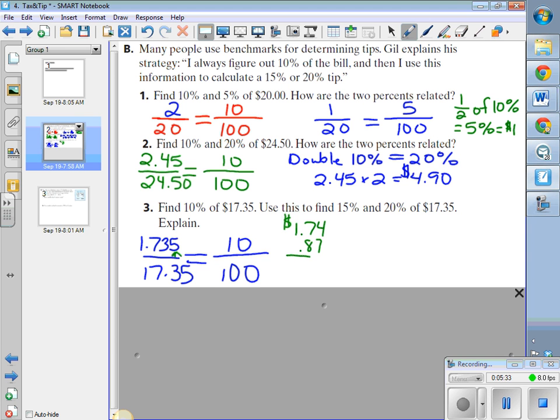When we add those two together, it's going to give us our 15%, which is $2.61. And then $1.74 times 2, which is doubled, so this is 20%.